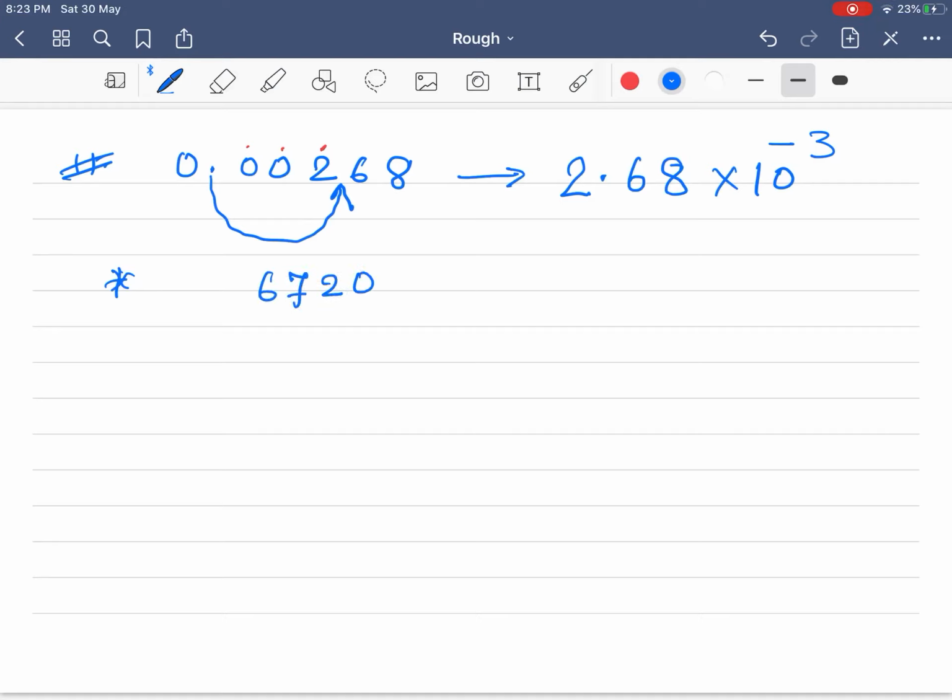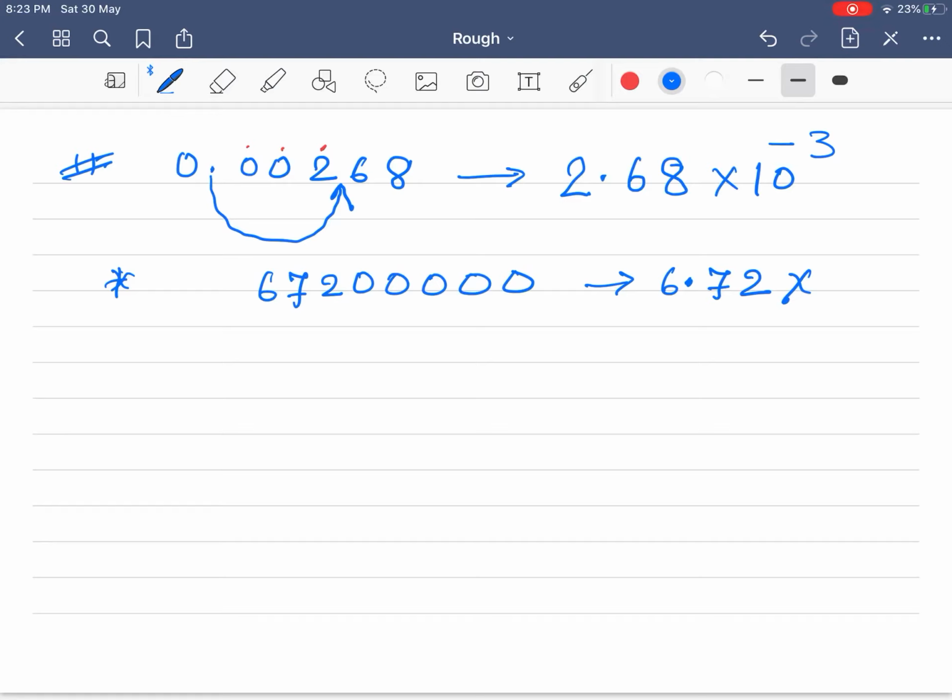Suppose I am writing 6, 7, 2, 0, 0, 0, 0, 0. Then how can we write this number in scientific notation? First of all, place the decimal, that is 6.72.